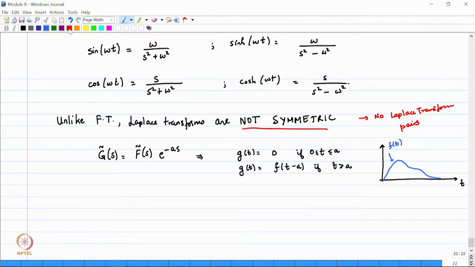Now, if I take a function which is shifted by a and it exactly follows, so we take a new function that is 0 for t less than a and it is exactly f of t minus a for t greater than a. So, this is my g of t, and g tilde of s will be, if I take a function and just shift it to the right, then the Laplace transform will be multiplied by an exponential, e to the minus a s.